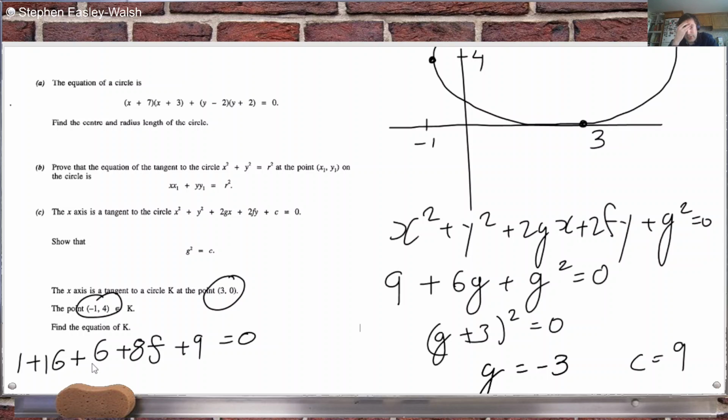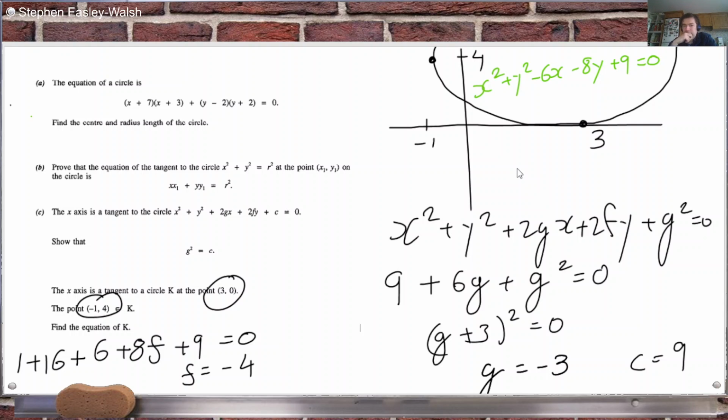No, it's not. It's 22. 22, 23. 23 and 9 is 32. That's good. So that means f would be minus 32 over 8. Minus 4. So I think I have the circle. It's going to be x squared plus y squared minus 6x minus 8y plus 9 equals 0.